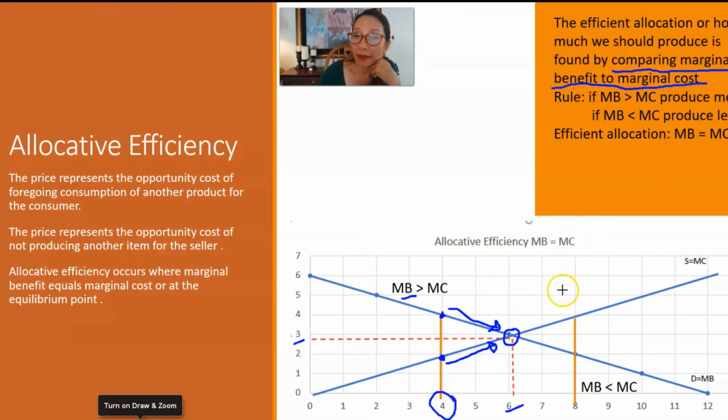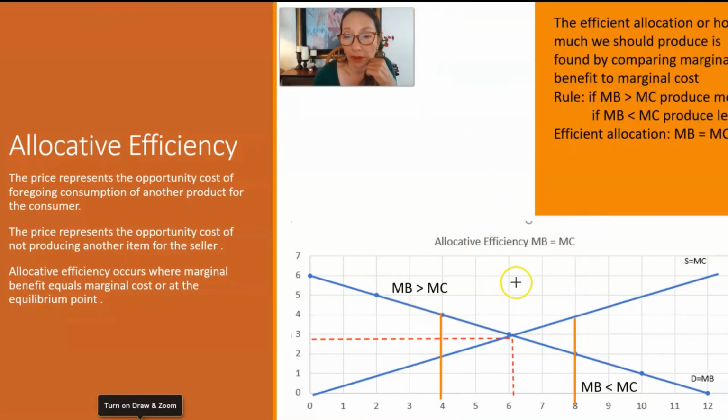Now, what about the other side? What about if marginal benefit is less than marginal cost? So over here, if we follow our demand curve, we can see that our marginal benefit is now less than our marginal cost.